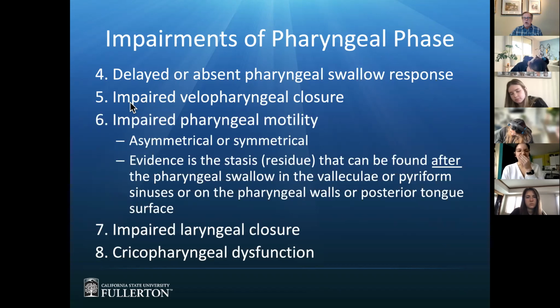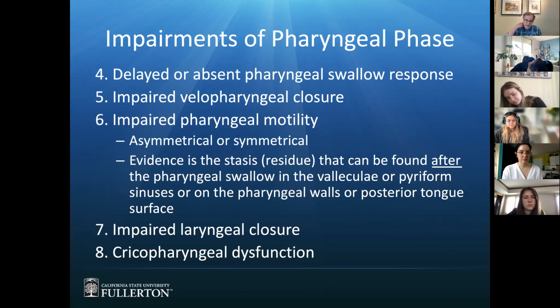The next thing that can occur is impaired velopharyngeal closure. The material gets there, the velopharynx isn't closed tightly enough, and some of it goes up. If you've gotten into your MBS-IMP, you've already rated that. The next thing that can occur is impaired pharyngeal motility.